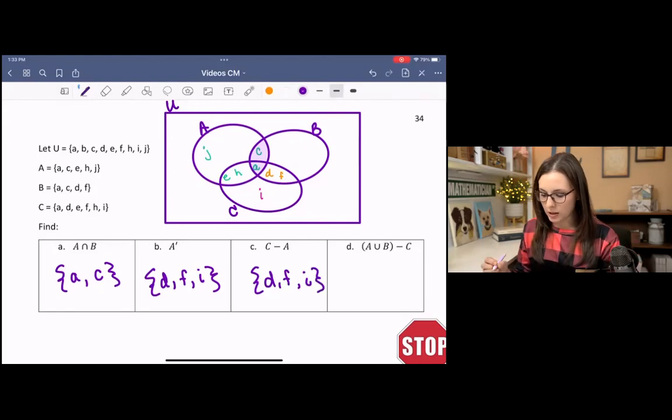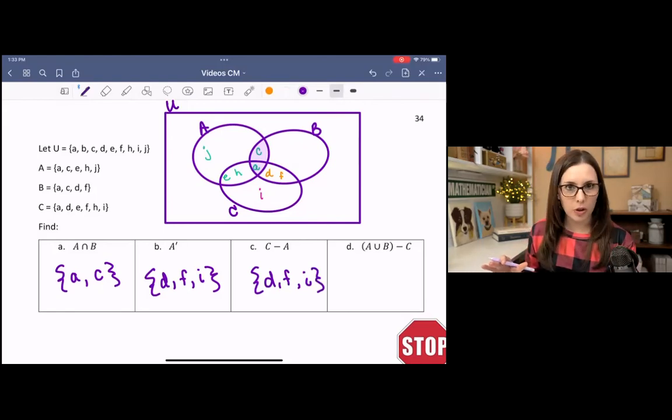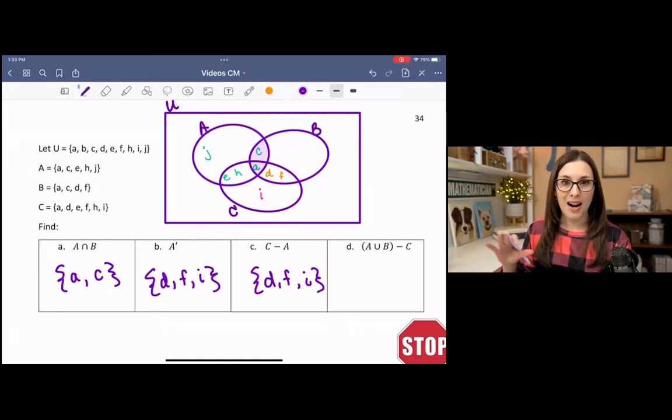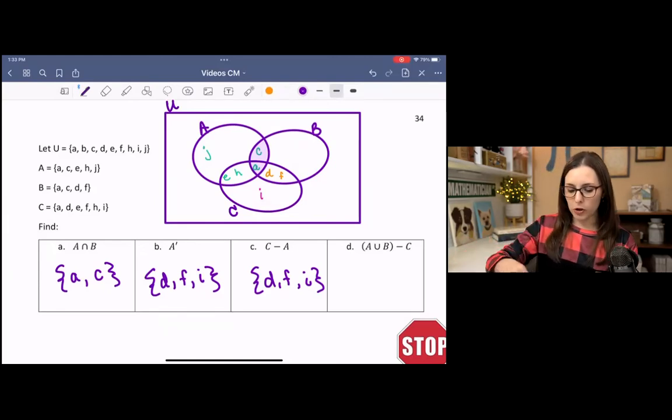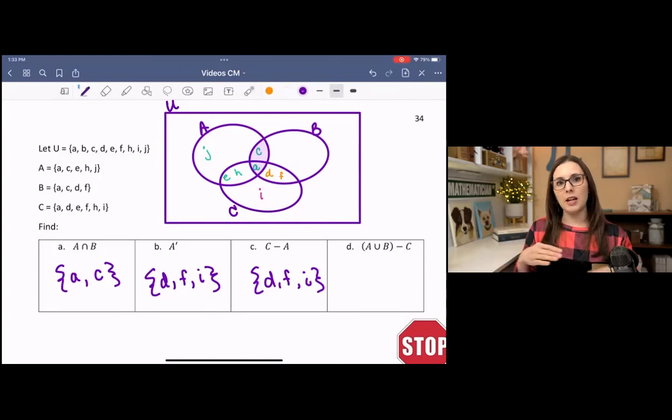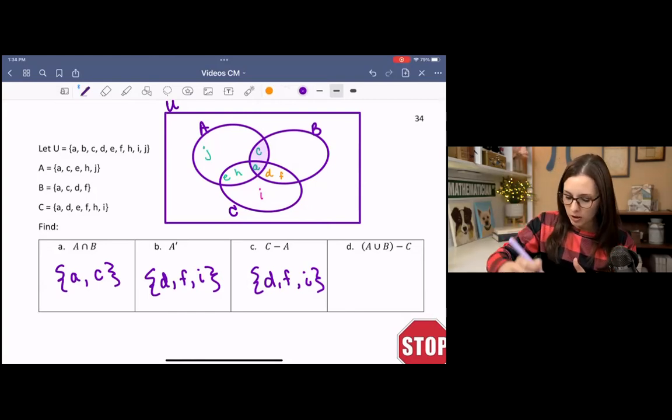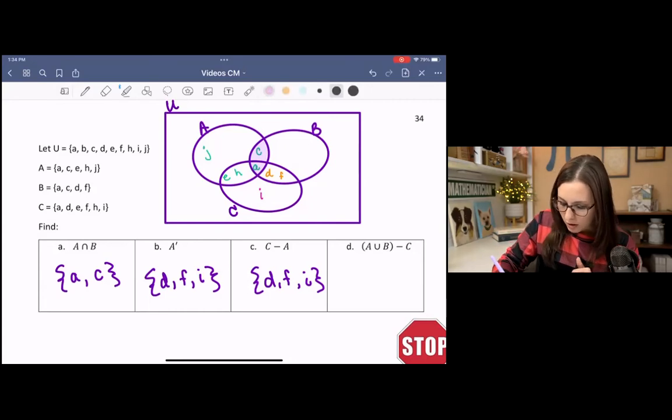And then the last one, we've got several different operations going on here. We have A union B minus C. So first we want to think about the parentheses, A union B. A union B is the union of both sets A and B, which means that we're going to be looking at all of the elements.